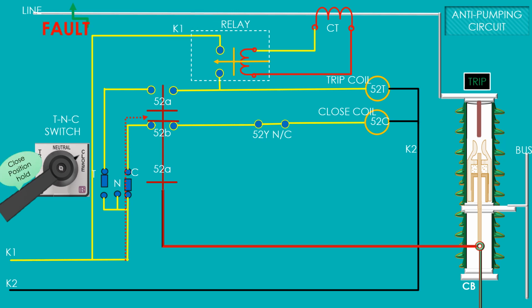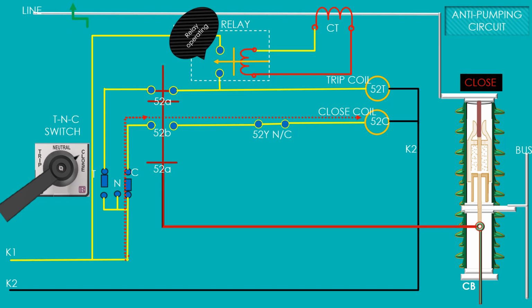These incidents will be repeated many times as long as the closing pulse as well as the fault in the line remain. Despite this, the circuit breaker is closed again, and the same incident will happen.